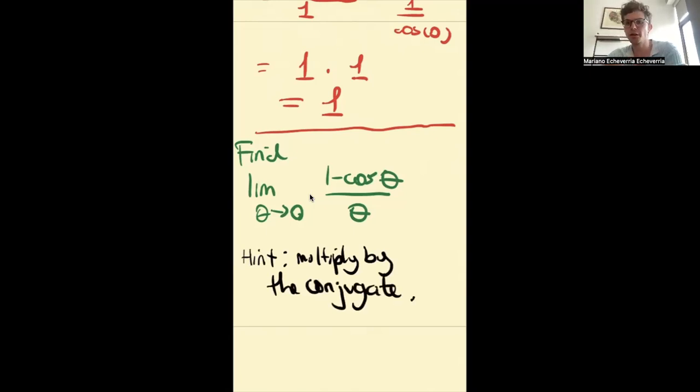I'll give you 2 minutes to think about it, and then we'll discuss it. The idea here is to multiply by the conjugate, the conjugate of the numerator.